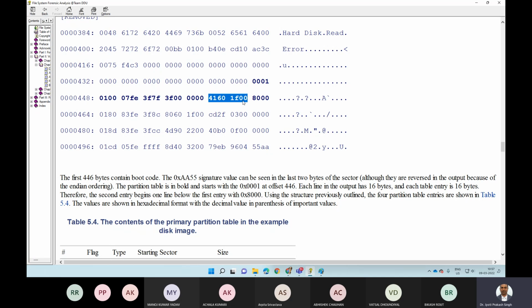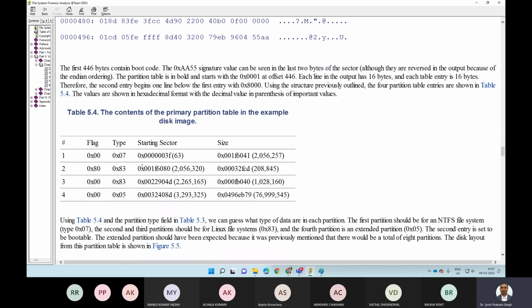Again, since this is an Intel PC, which is little endian, it will be 001F6041. This is the size of that partition. So that gives you the first partition in that particular disk.